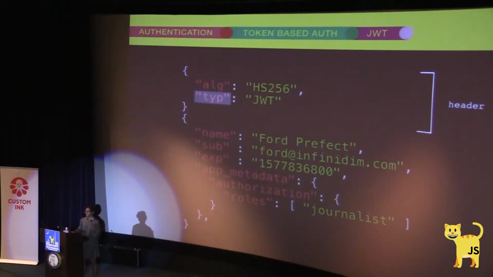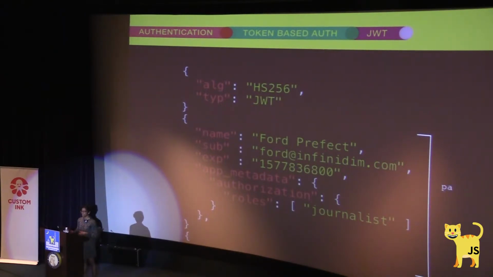And so then the second part is this type. And I'm just telling this specific thing that it's a JWT because it's a JWT. And then the second piece is the payload. So the payload has a couple of namespace options or keys. So name, sub, and exp being expiry. And these are just namespace things that you can pass into your payload. And then you obviously have the ability to add extra stuff.